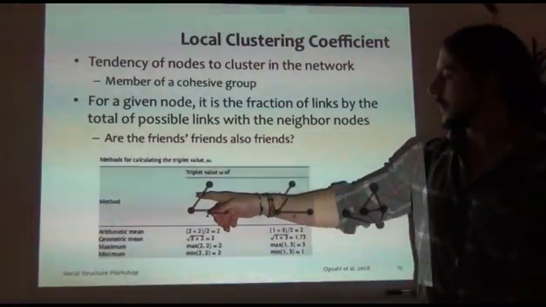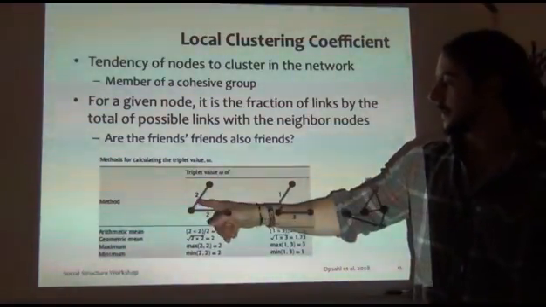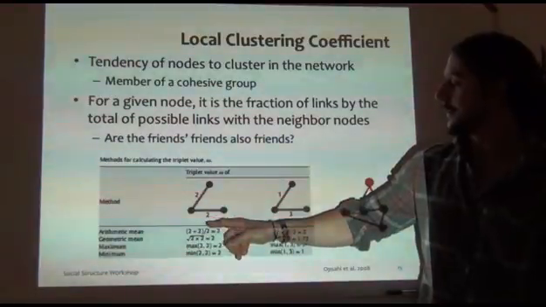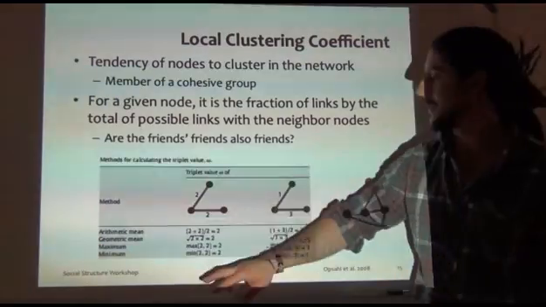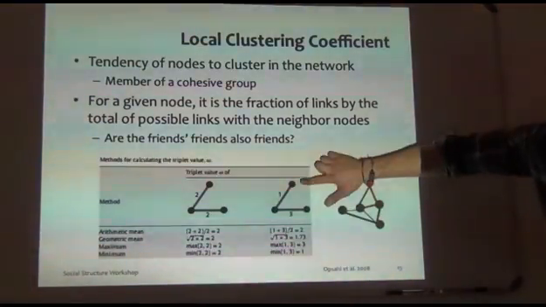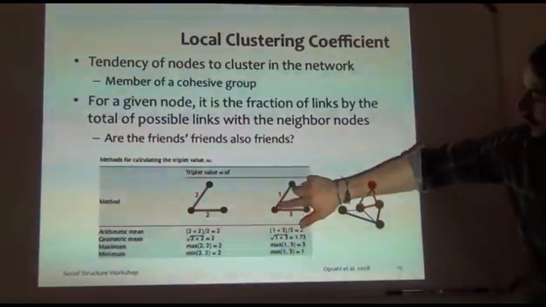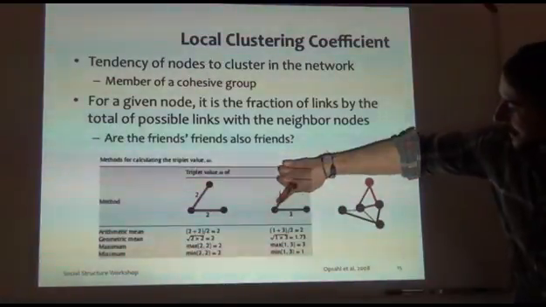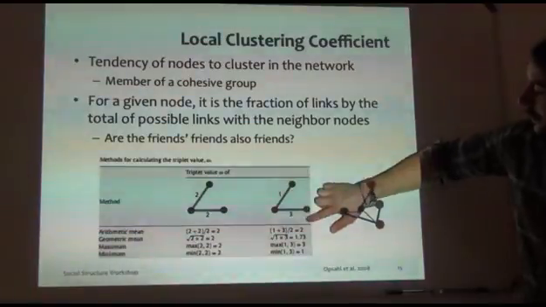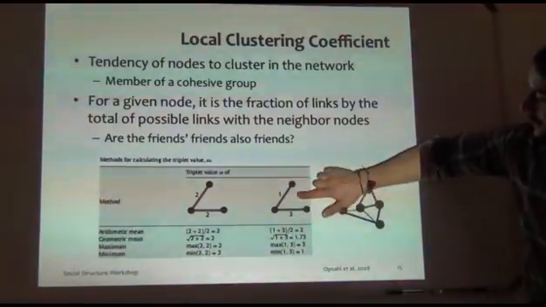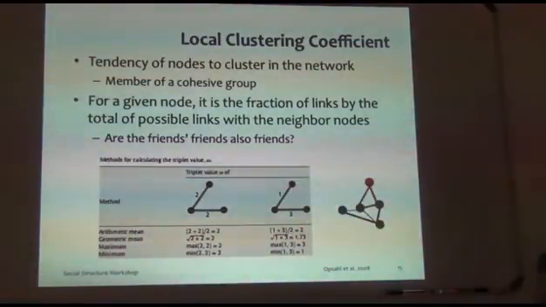You can use the total, the mean of the weight of their links, or the geometric mean, or just take the maximum or the mean. Again, you can play with that, depending on the type of emphasis you want to give.